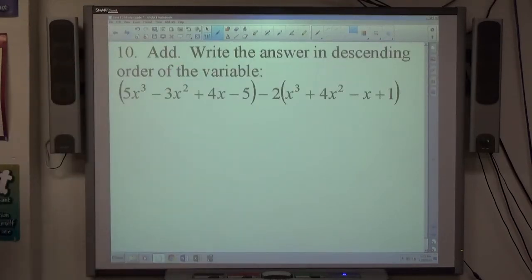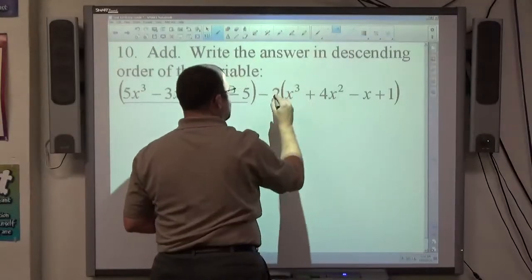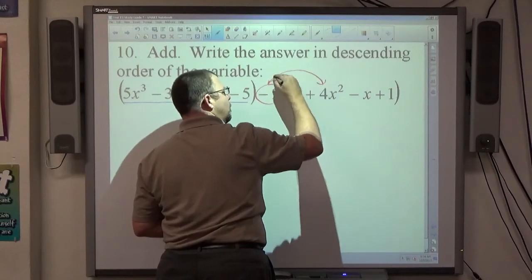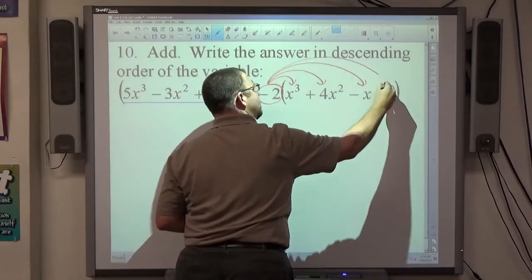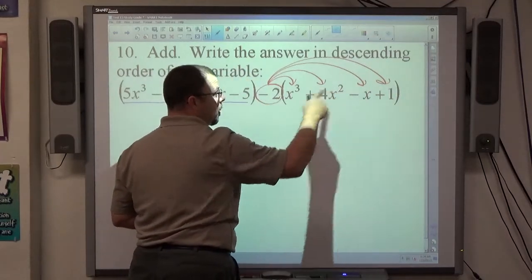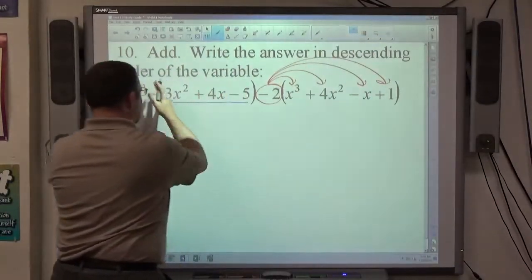Number 10, we're supposed to add these polynomials. Now, this is polynomial 1, and polynomial 2 is being subtracted and multiplied by 2. So we want to distribute that one. This number with the sign included, 2 and negative sign, are being multiplied by each of those terms in there. So, first thing I would do is write down this exactly as it is.